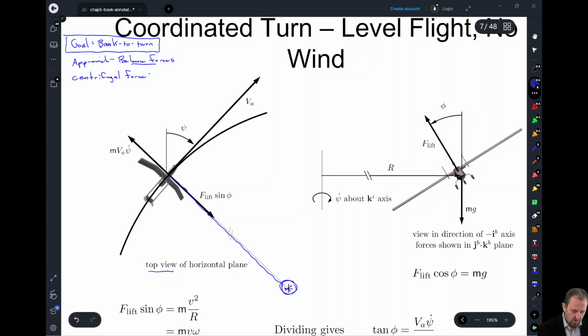That force can be modeled as your mass times the velocity squared all over the radius of the circle that you're traveling in. It's the force felt by the rotating motion.